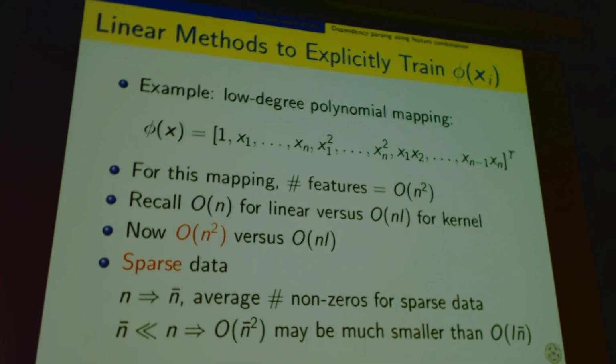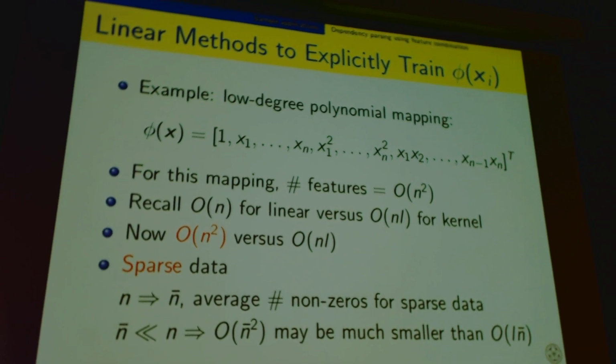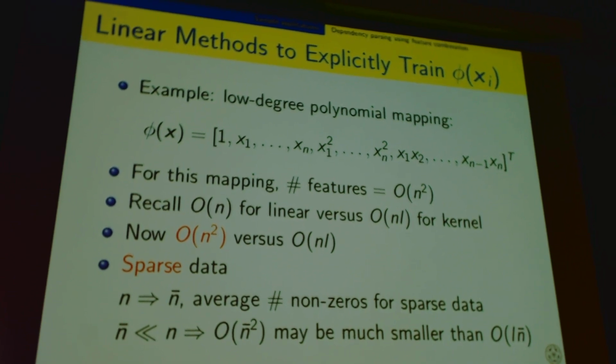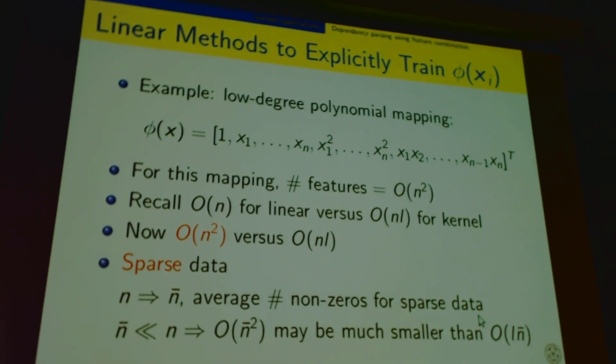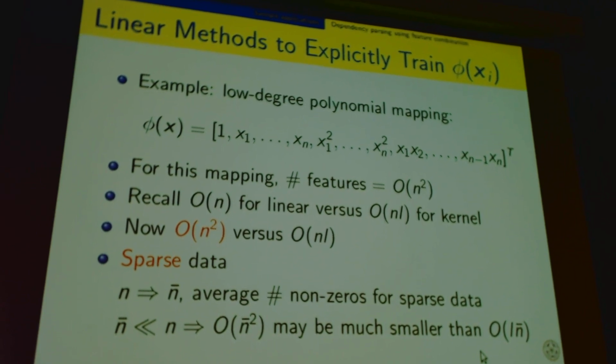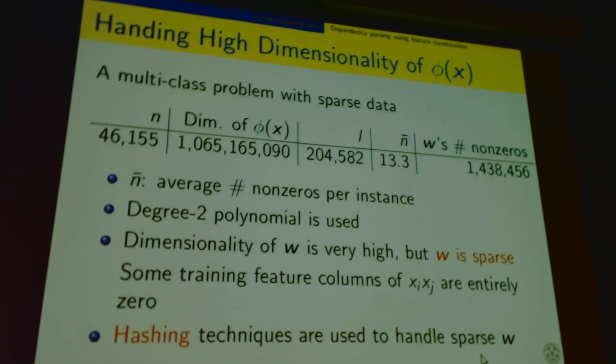If your data is very, very sparse, then this n is not n, but should be n bar, where n bar is the average number of non-zeros per instance. So it's a lot smaller than n. Essentially, you are comparing order n bar squared versus this L times n bar. And because n bar is usually very small for sparse data, then it is okay.